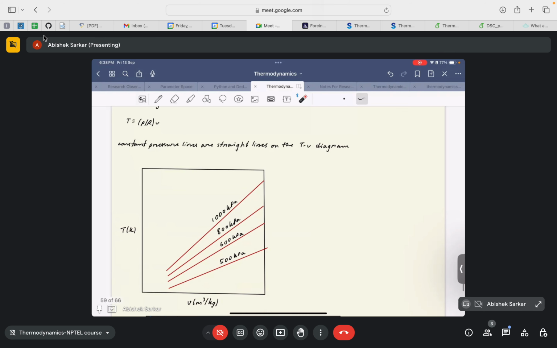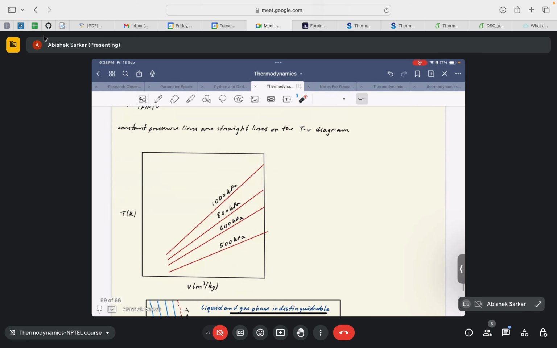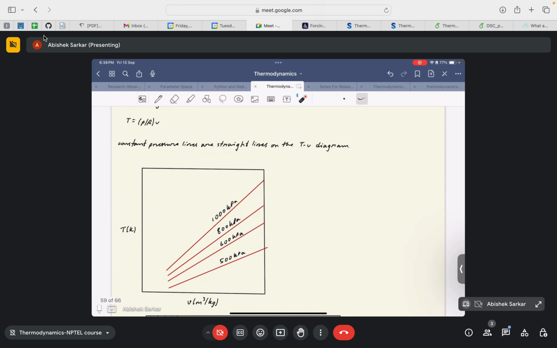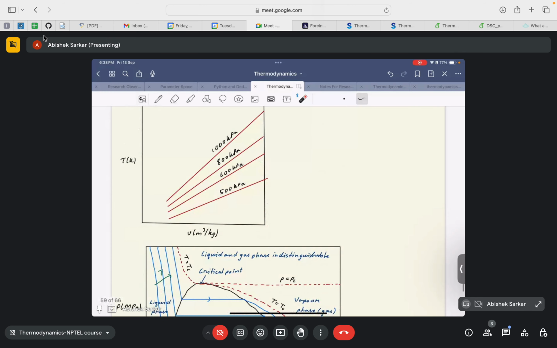It's understandable because this is basically an equation of a straight line having a slope of P by R. If you represent temperature as a function of specific volume, the curve will be a straight line having a slope of P by R, and the slope of this curve will be determined by the pressure, because R is a constant for a specific gas. So P would determine the slope of this curve, and thus you will obtain a straight line in the case of ideal gases in a T-V diagram.